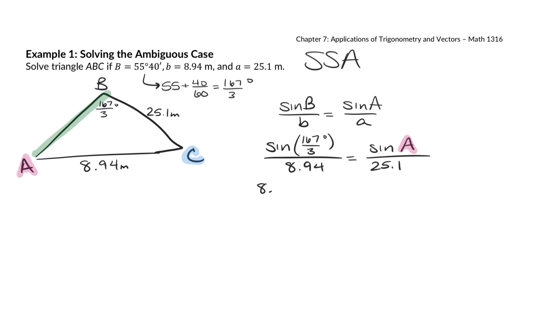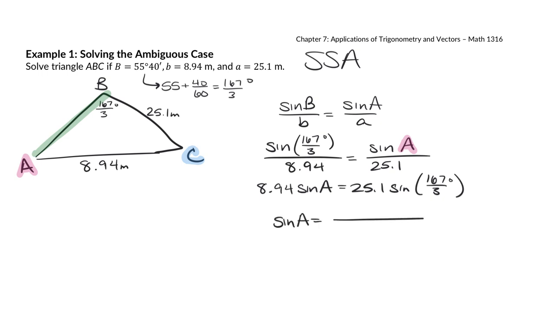We're going to cross multiply: 8.94 times sine of A is equal to 25.1 times the sine of 167 over 3 degrees. Easy peasy. If I solve for A, I first have to isolate sine, so I'm going to divide both sides by 8.94. Sine of A should be equal to 25.1 times the sine of 167 over 3 degrees divided by 8.94.